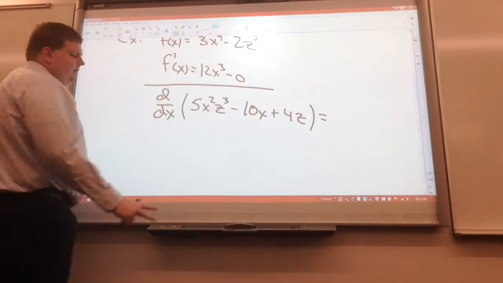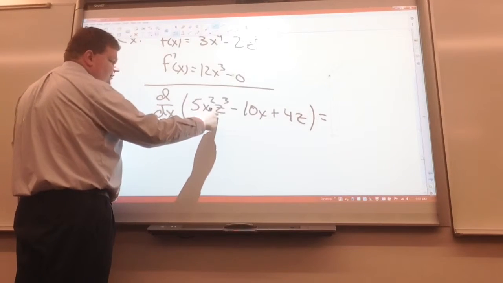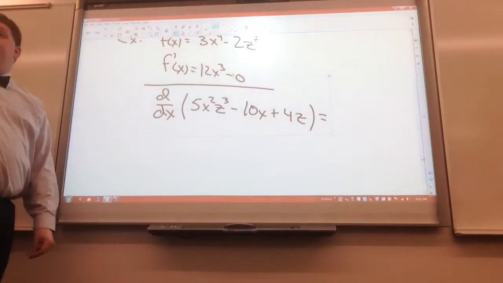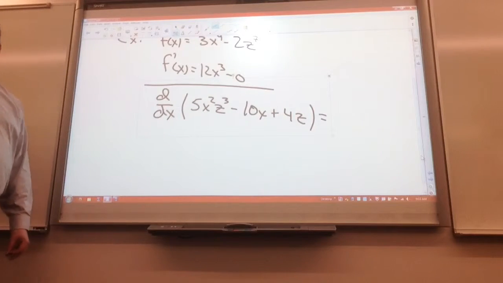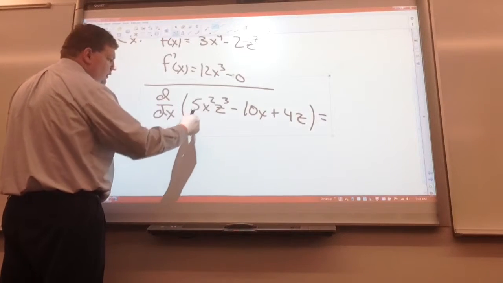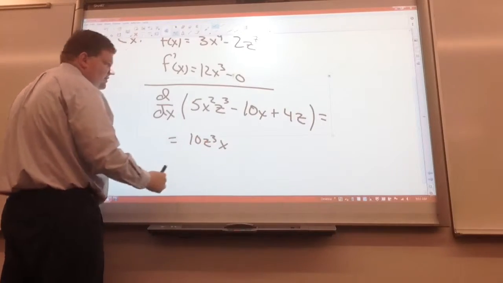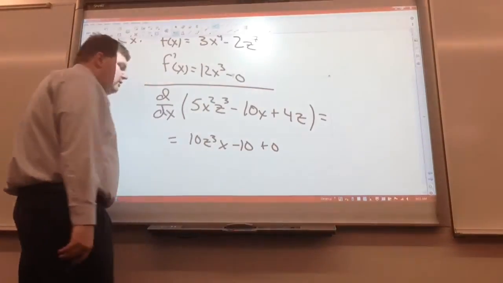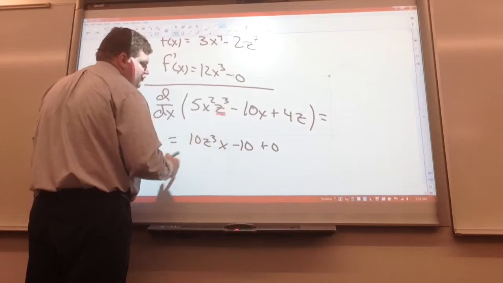But for the z to the third with the x squared, if z is a constant, do I do anything to it? By itself it would go to 0, but there's an x with it now, so it stays the same. You just leave it. So the derivative becomes 10 z cubed x minus 10 plus 0. Essentially, z is treated as a constant.